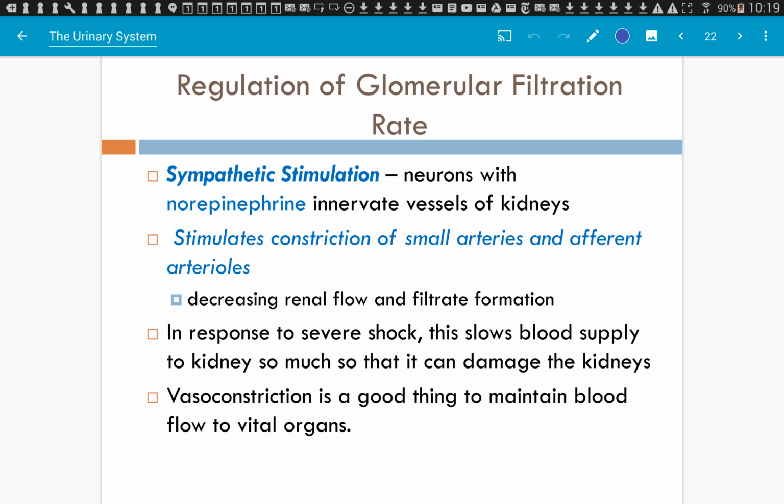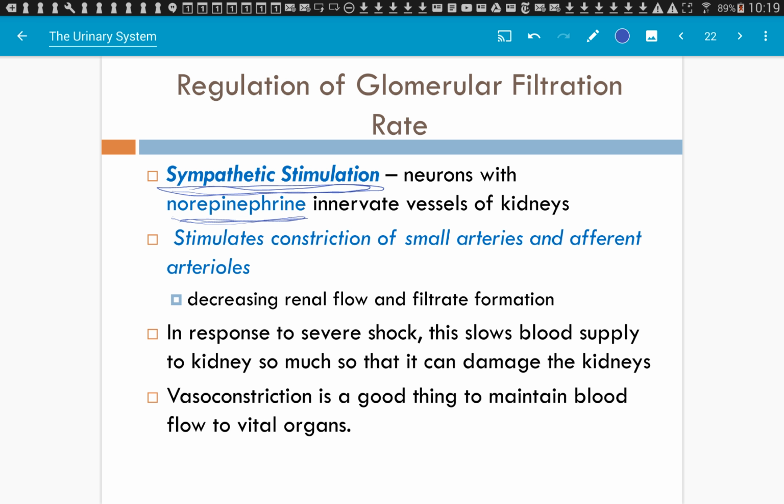Another way to regulate this glomerular filtration rate is by sympathetic stimulation. Now, just as a quick reminder, sympathetic stimulation is the fight or flight division of the nervous system. Okay, and so if norepinephrine is released, it is going to stimulate the afferent arterioles to constrict.